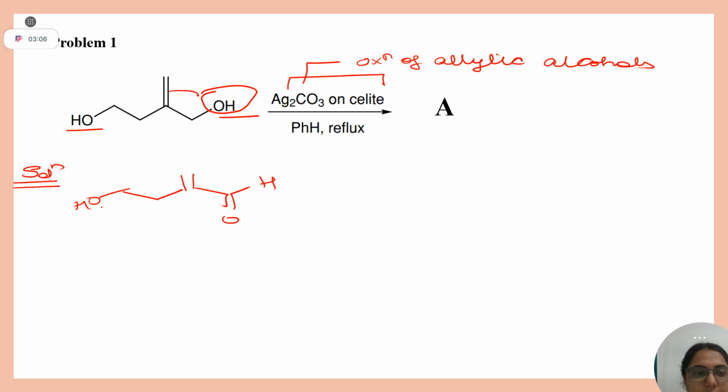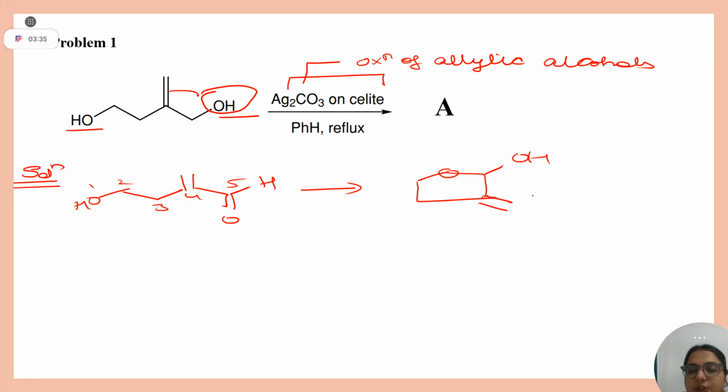this, right? Now, we have alcohol, we have aldehyde. So 1, 2, 3, 4, 5, and you know that it will form lactol. Other things will be the same, right?